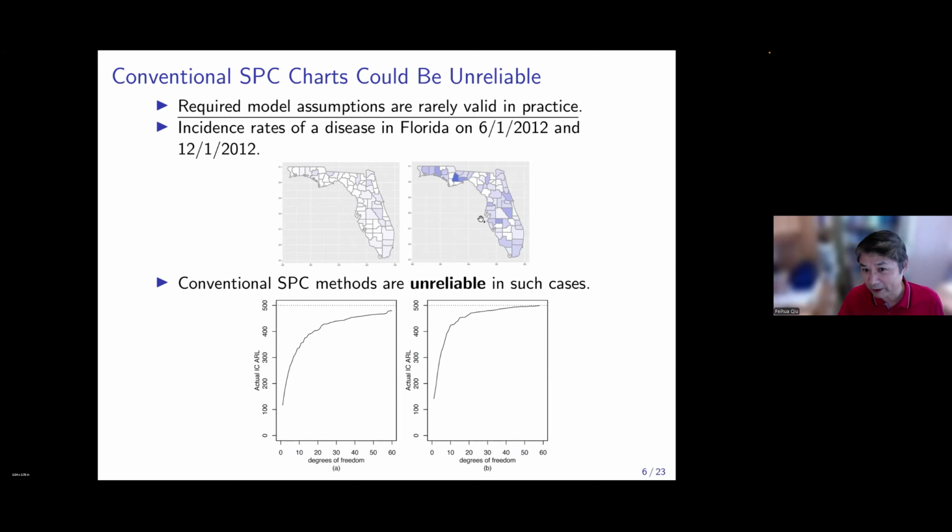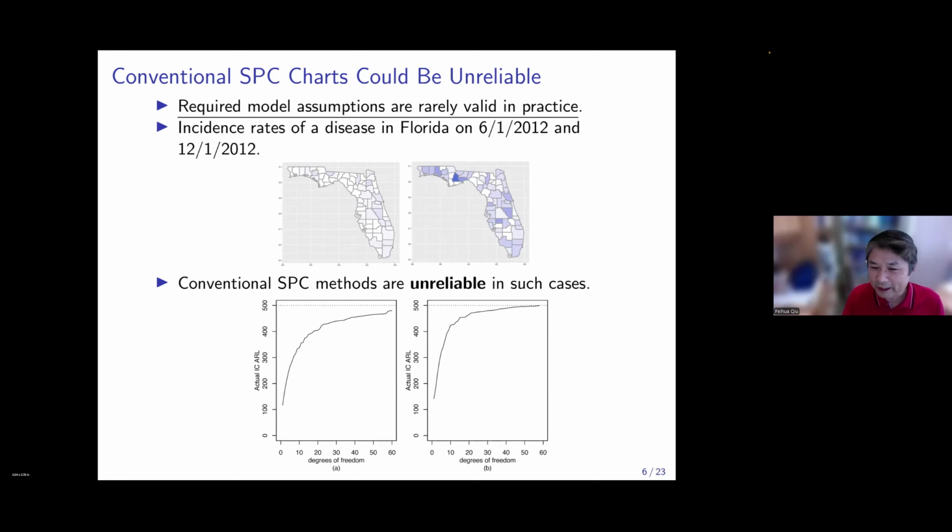The summertime and the wintertime are different. The in-control distribution will change over time. And also, we double-checked that the data are spatially correlated and also temporally correlated. We checked that the normality assumption, the Poisson distribution, all those distributions are not valid here.